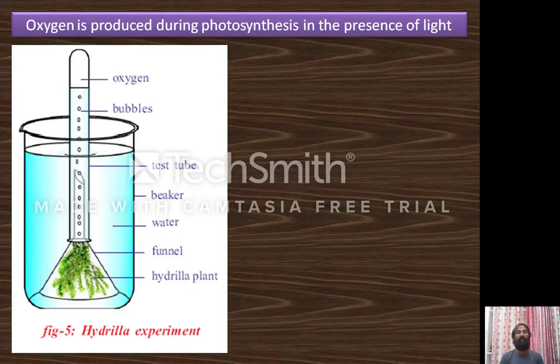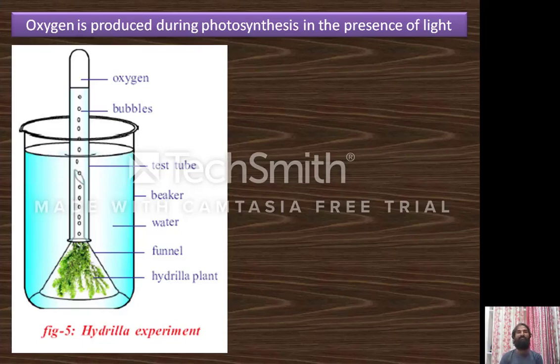This setup is inverted and inserted into the beaker, and placed in sunlight for 1 or 2 days. So what will be formed? In the presence of light, the hydrilla or Elodea plant is involved in the photosynthesis process.